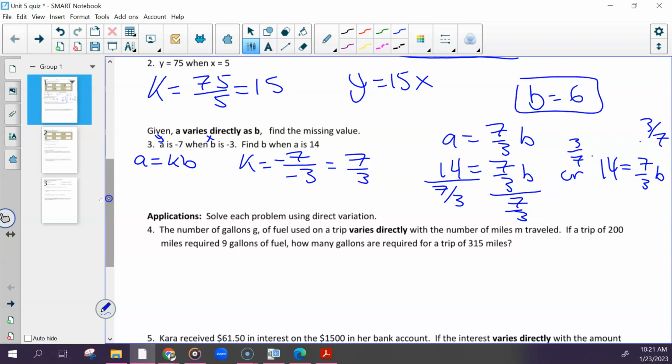But after you did whichever, you should have gotten 6. So the 5 points were: did you set up your original equation with your original variables? Did you solve for k and then simplify, leave it as a fraction? Did you solve for the missing variable and get the correct answer? Questions on that one?